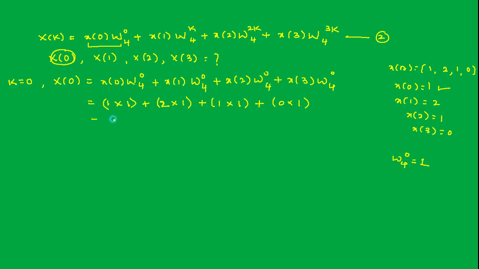So 1 plus 2 plus 1 plus 0 is equal to 4.